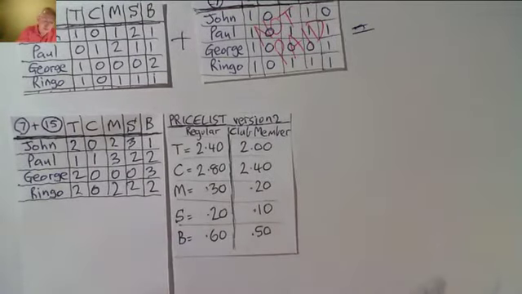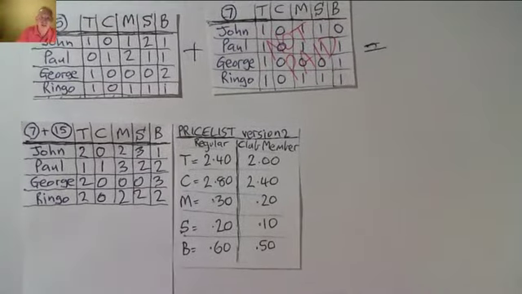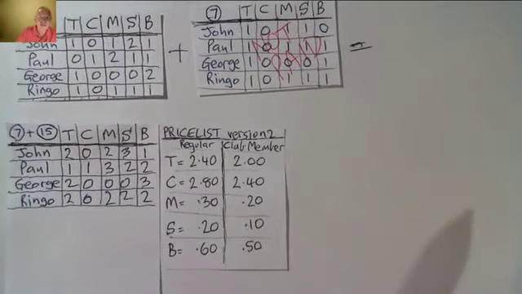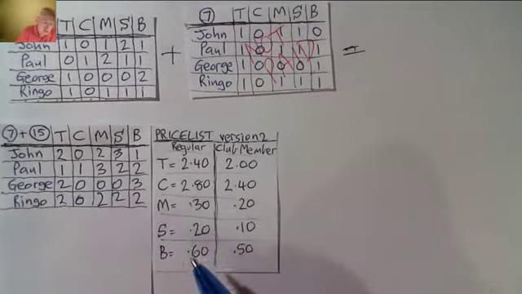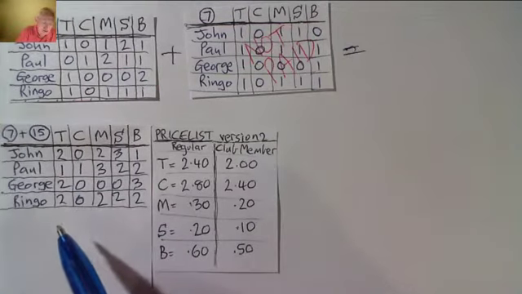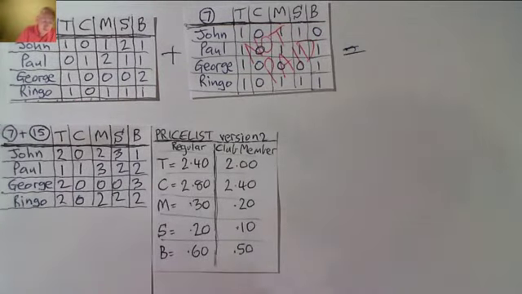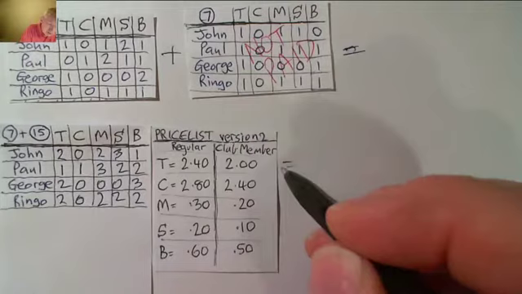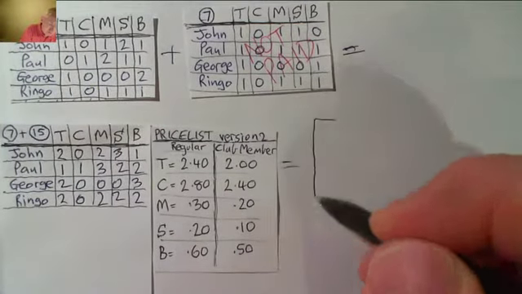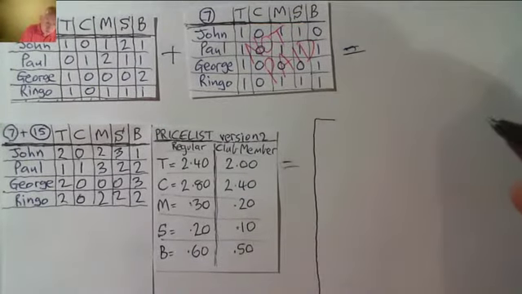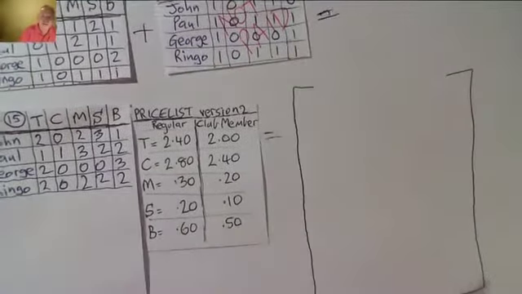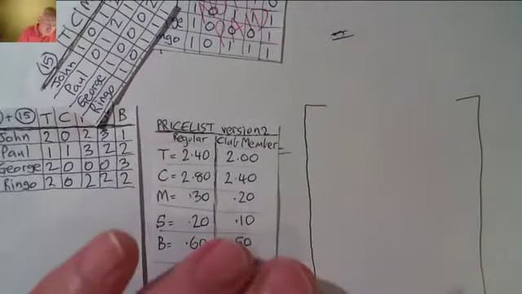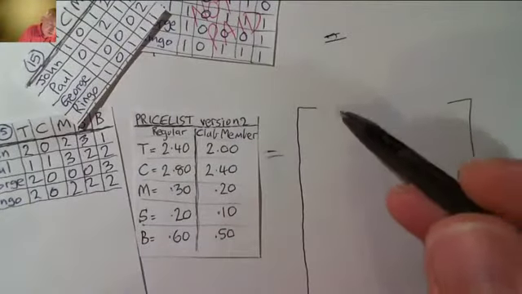So let's now work out what this is going to look like if I'm going to create a bill based on these new price lists with this particular new set of quantities. So I'm going to say the bill is going to look like this. Now I'll put it in such a way that it's going to have two columns.